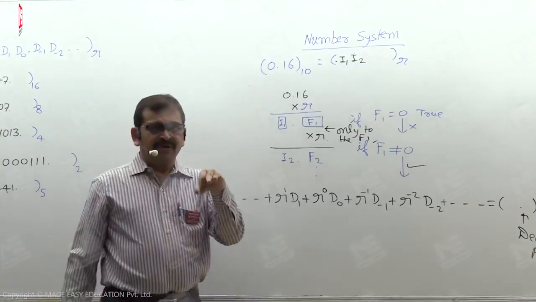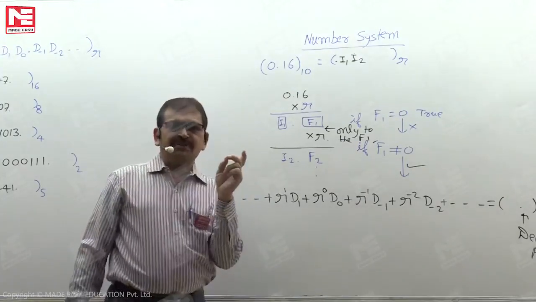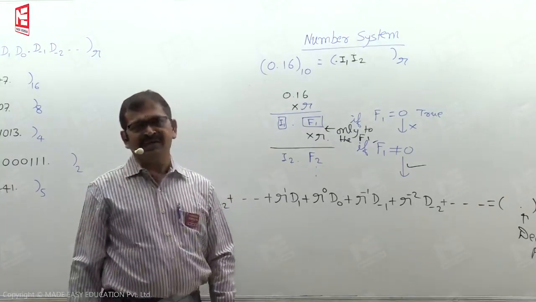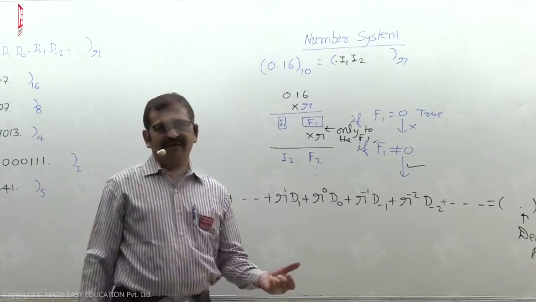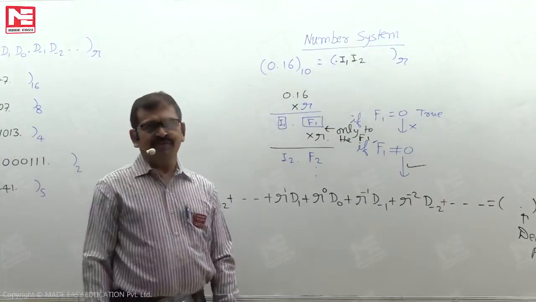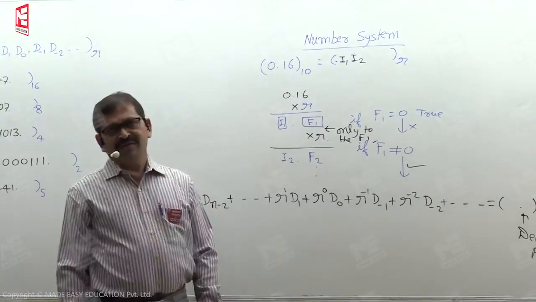If at all we do further multiplication and the same digit is repeating in the integer part, in that case we stop further multiplication. That is one approach.